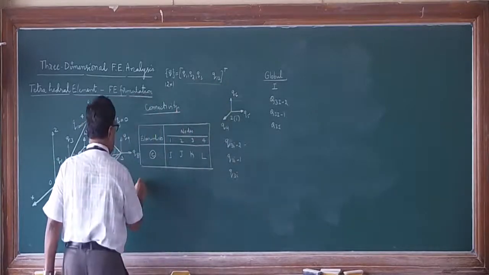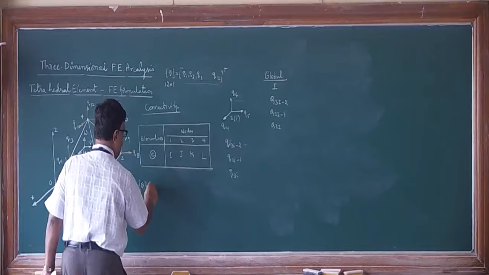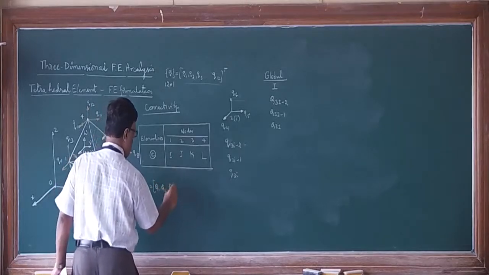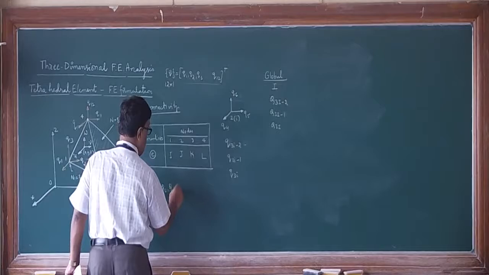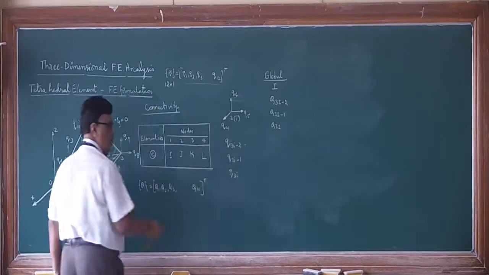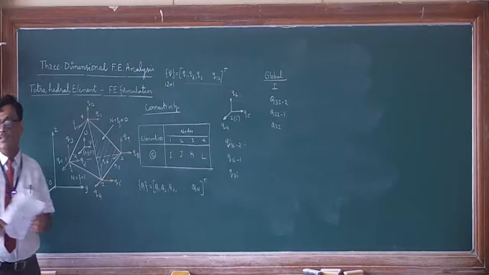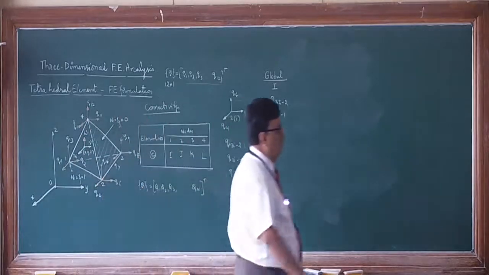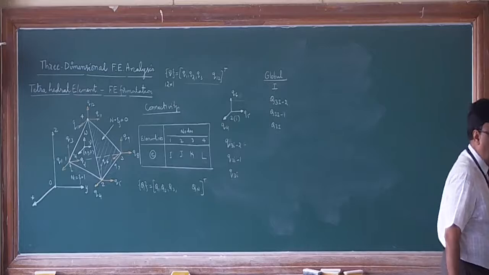But when it comes to the global nodal vector, it depends upon the total number of nodes and the total number of degrees of freedom associated with that. So it will be going up to n. It depends upon the total number of nodes present in the entire structure, multiplied by 3 for every node. Automatically it will give you the total Qn.